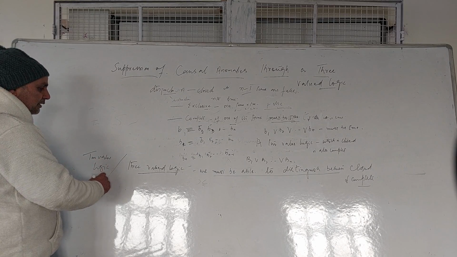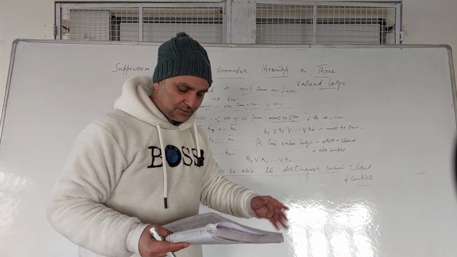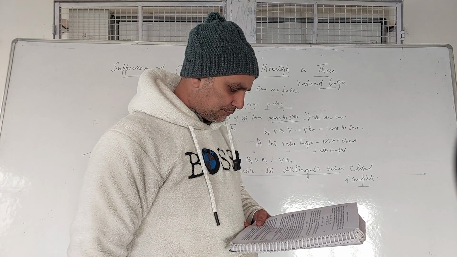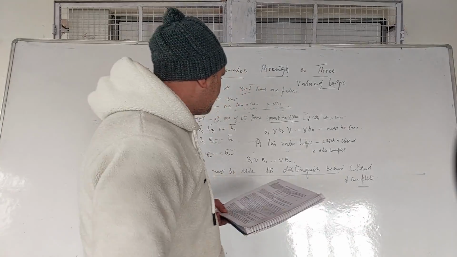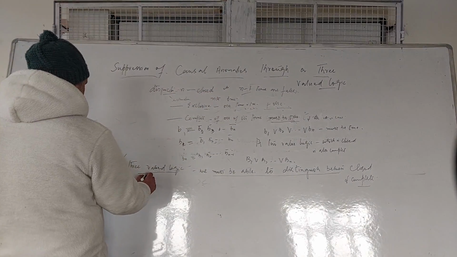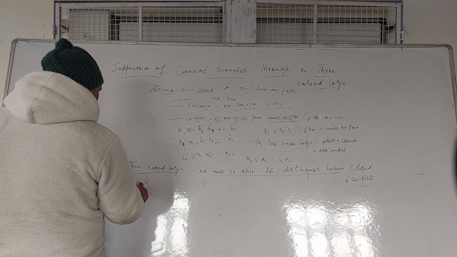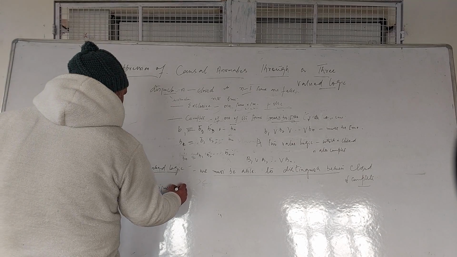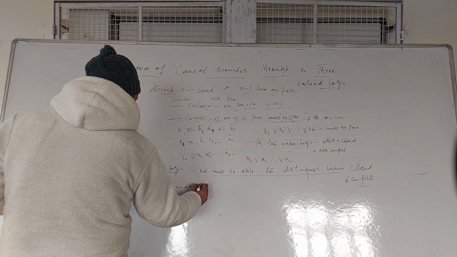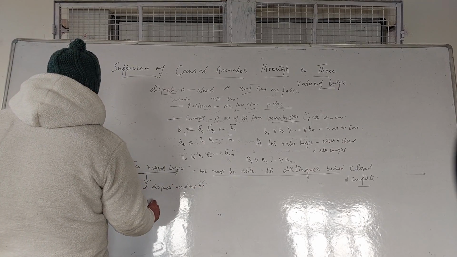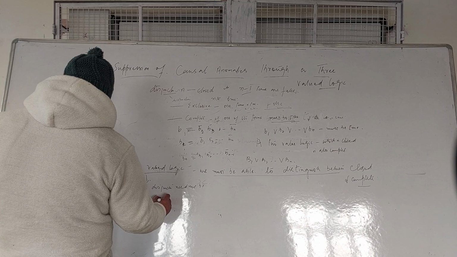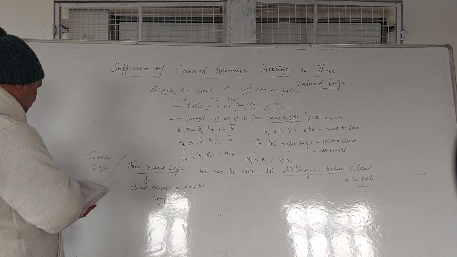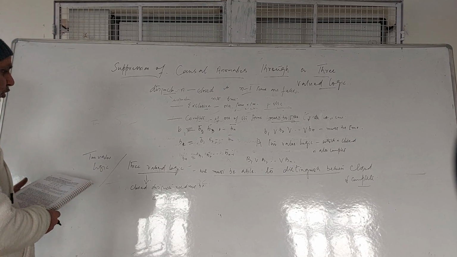So how can we have those things? In three-valued logic, a closed disjunction need not be complete. How can you show it? A closed disjunction cannot be complete.